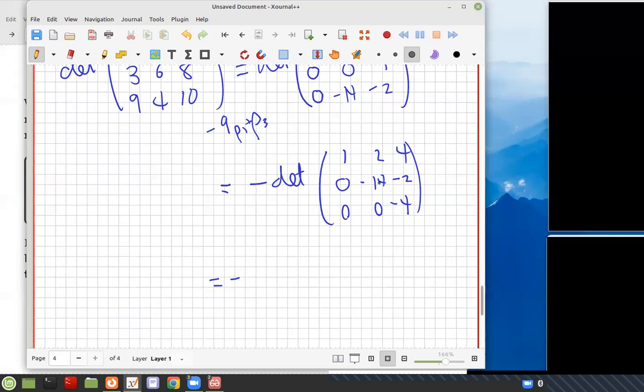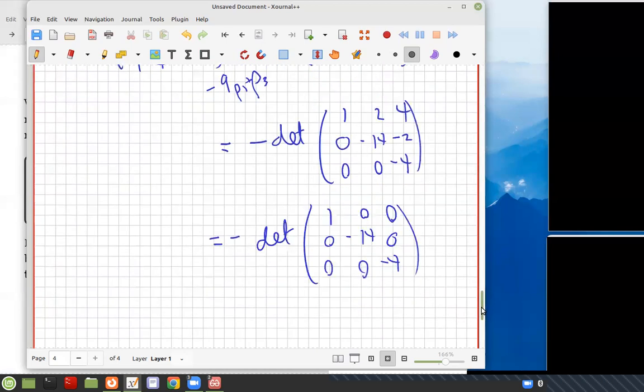Once that's done, I can use a row combination operation to use this entry to get rid of that one. So this is going to equal the determinant of 1, 0, 0, 0, minus 14, 0, 0, 0, minus 4.